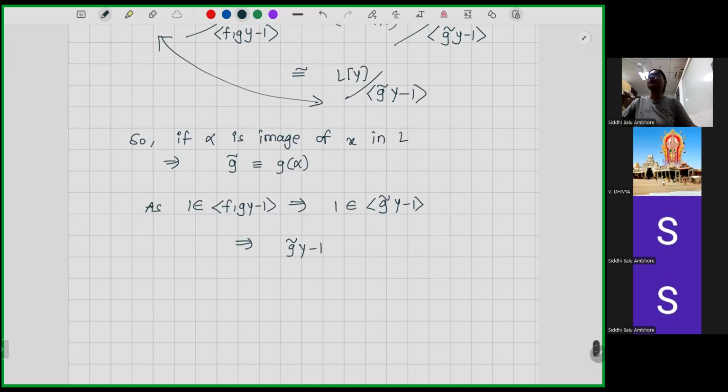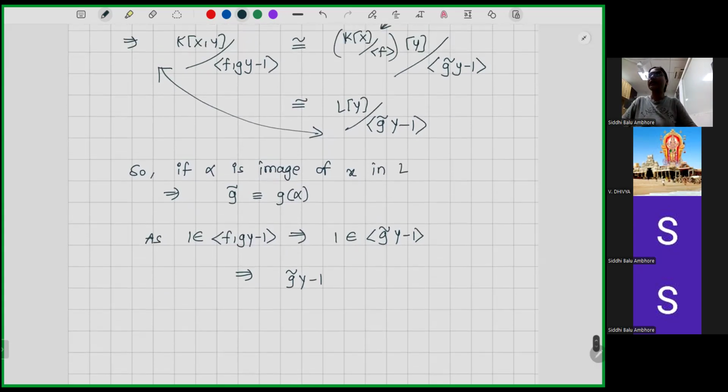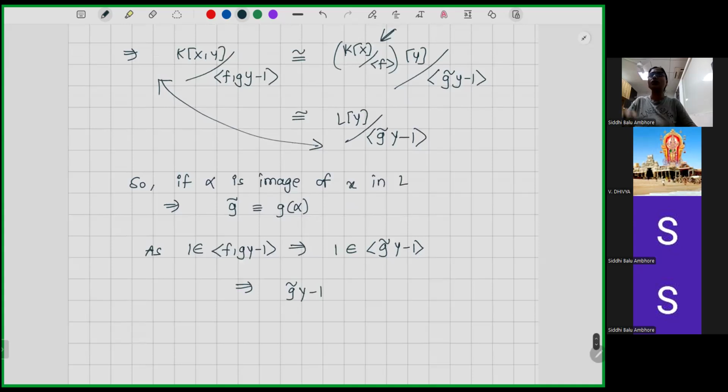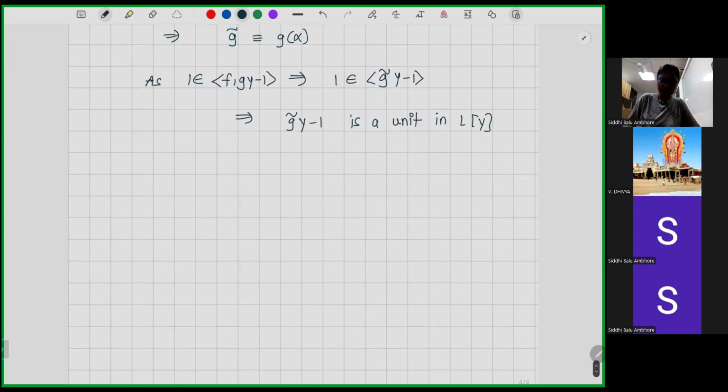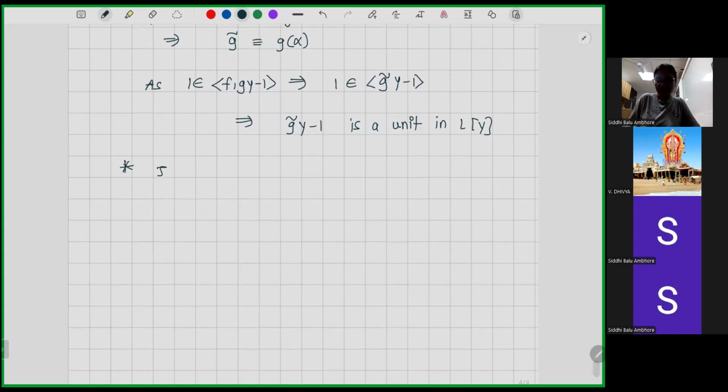So note that L[y] is again a principal ideal domain, because L is a field and this is a polynomial ring in one variable. So when 1 belongs to this ideal, this element g̃(y) minus 1 is a unit in L[y].